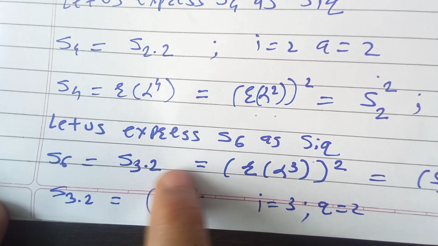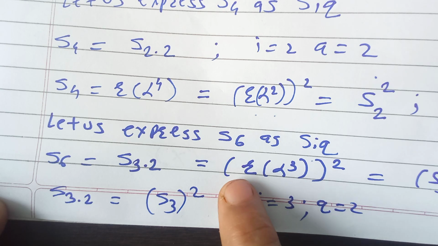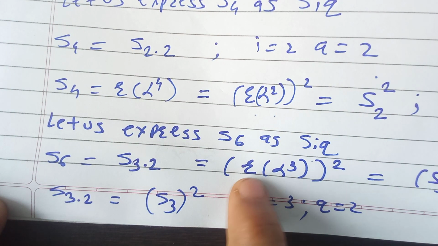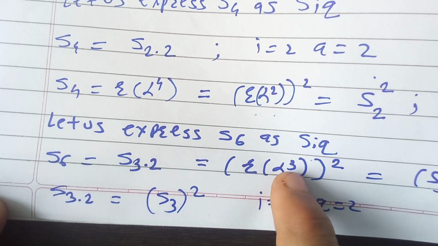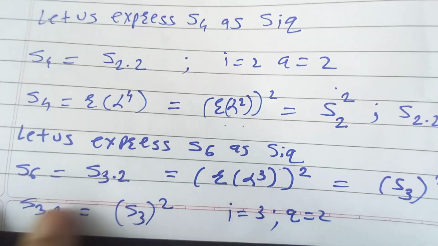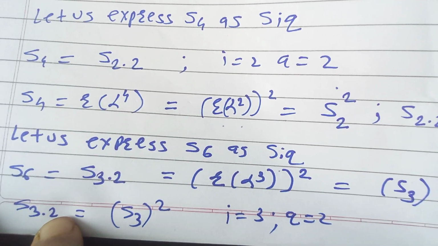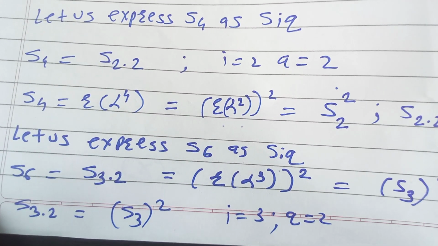So S_(3 into 2) is nothing but r(alpha raised to 6). Alpha raised to 6, you can express as r(alpha cube) whole square, that is S3 square. So S_iq is equal to S_i raised to q.